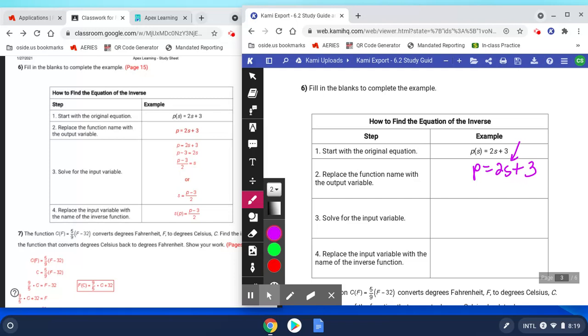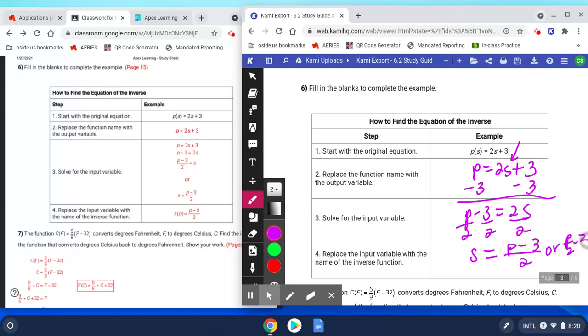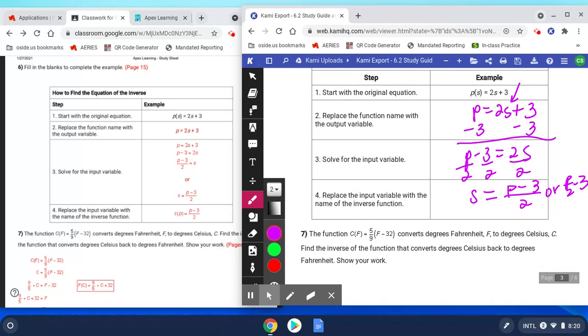Step 2 is to replace the function name with the output and then switch them. And then we switch the last step back into the opposite notation.